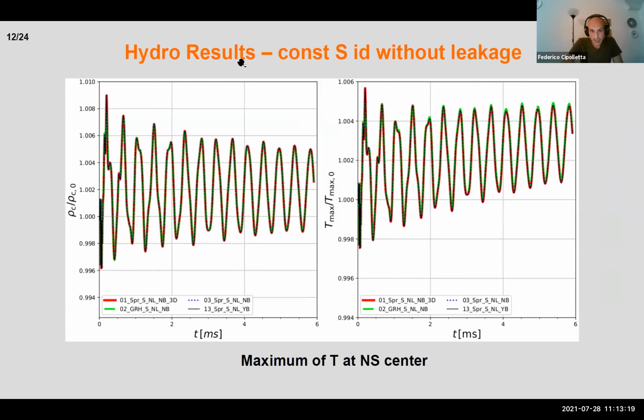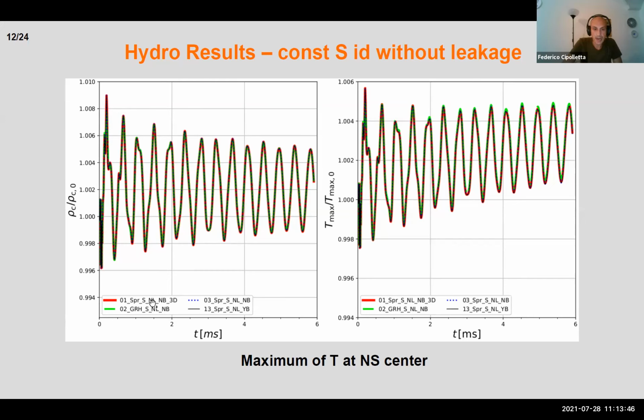For what concerns the results, here are 2 plots for the runs without magnetic field and with constant entropy initial data, without leakage. You can see that the maximum rest mass density and the maximum temperature evolution look fine between the models.